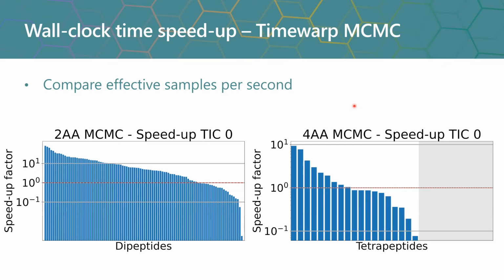And in an ideal world, just making the model faster without changing anything would give you the speed up that you need. Yeah, and it's important to note the MD simulations will produce a lot more states than we generate with the Timewarp model, but these states are much more correlated, as we saw, for example, for this dipeptide. Okay, perfect.